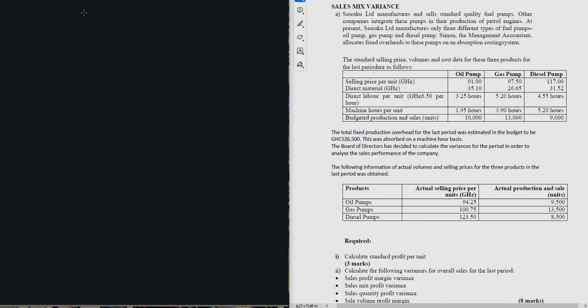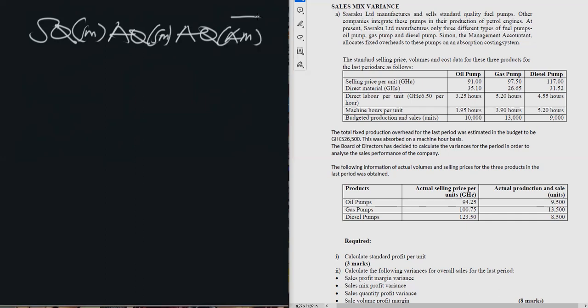The same way, I just want to help you so that you remember it. Remember I told you do SQ, AQ, and AQ. I never change my approaches. So I have SM, SM, and AM. With material, you go this way. For sales, you go the other way. You turn it upside down, right?